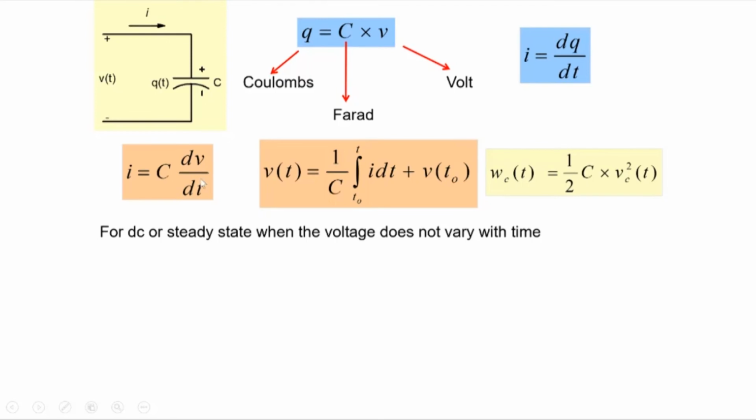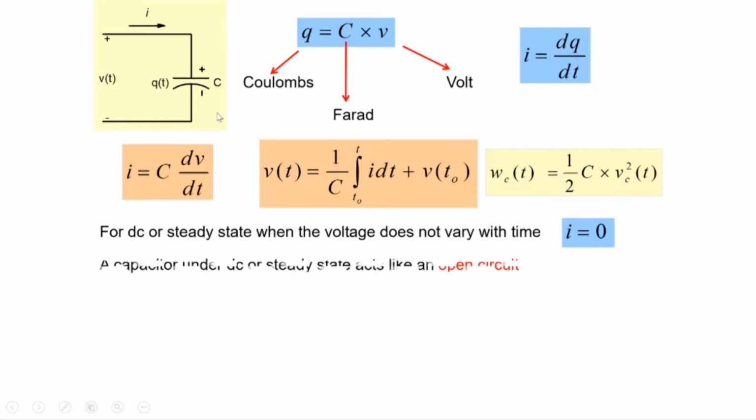So if you have a voltage across a capacitor which doesn't change with time, then dV by dt is 0, and then I equal to 0 here. Which means that the capacitor under steady state acts like an open circuit, right? Zero current is like an open circuit.